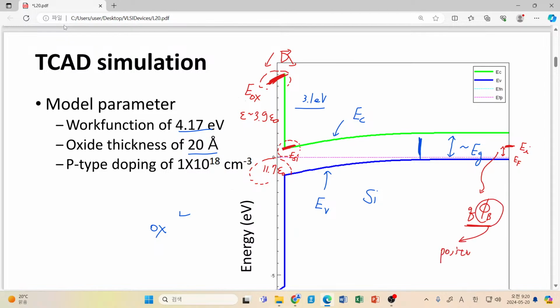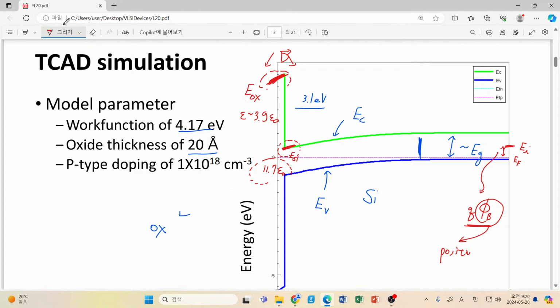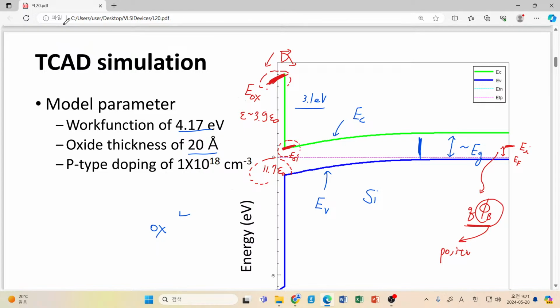So please understand, although in the case of voltage we have a different sign, anyway, this phi b is regarded as a positive value. Please try to estimate your phi b value. How large is it? So maybe it is approximately 0.5 volt.